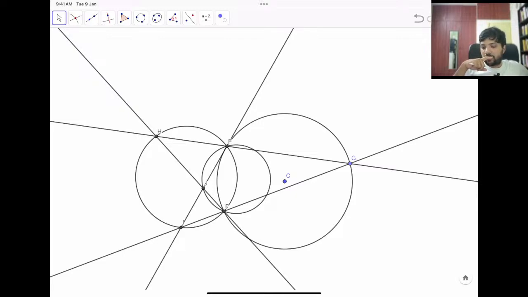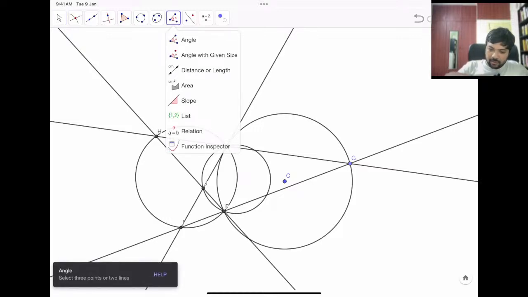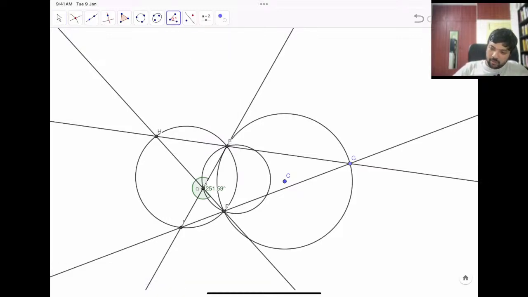The limiting case of P. What is this angle? What is this angle? 28.73.